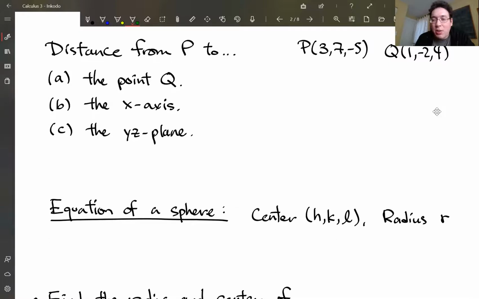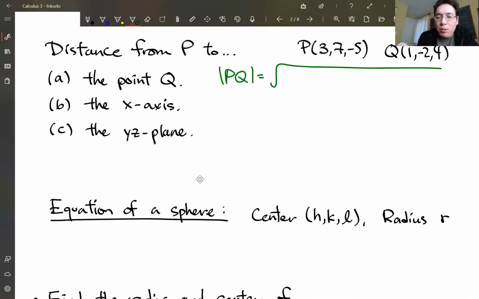Okay. So trying to find the distance between points P and Q, that's straight up using the distance formula we had earlier. So PQ is the square root of the difference in the coordinates. So 3 minus 1 squared, 7 minus -2, so 7 plus 2 squared, and -5 minus 4 squared.